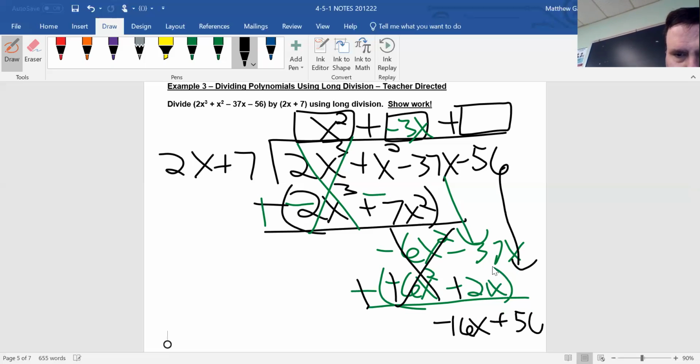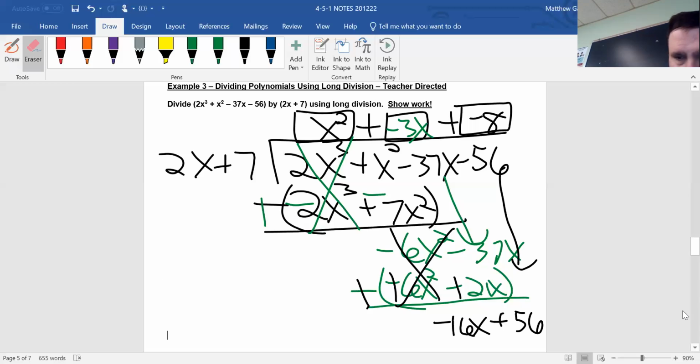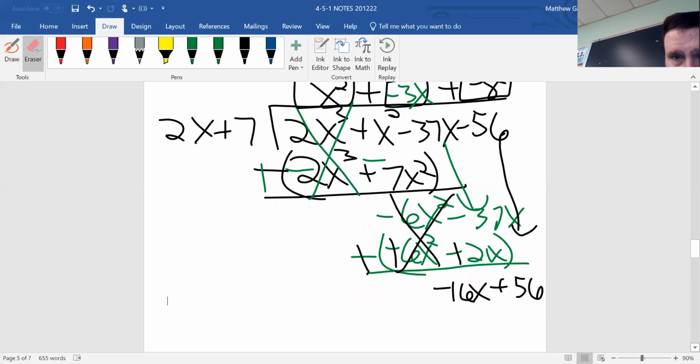You say to yourself, what times 2x gives you negative 16x? So we're just going to undo the multiplication, and we get negative 8. That goes up here. And now we distribute negative 8. Negative 8 times 2x is negative 16x.